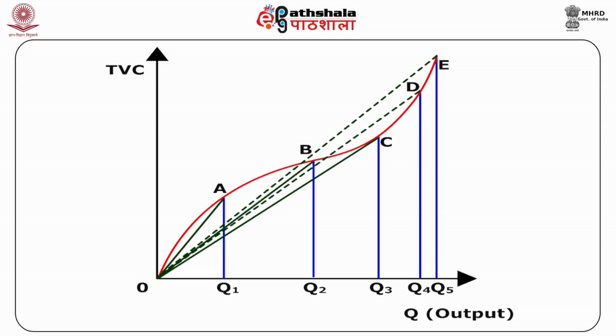This traces the shape of the average variable cost from the total variable cost. So we have a relationship between a cubic function and a quadratic function. A cubic function is S-shaped, whereas a quadratic function is U-shaped, but there is a definite relationship between them, one of a fall and an increase.